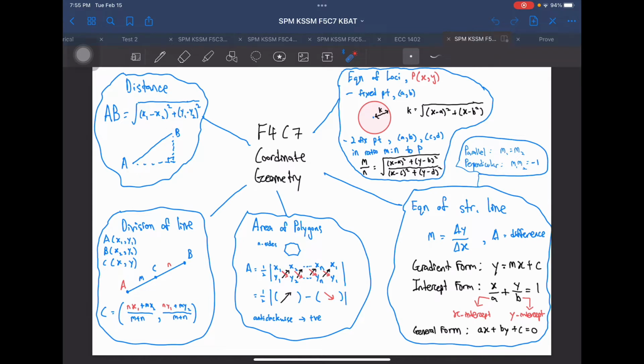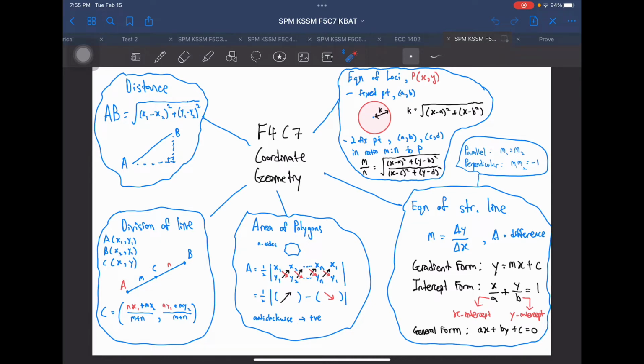If you're given 2 points A and B and this is a straight line, you can definitely draw a perpendicular triangle here, and this distance is delta y and this distance is delta x. Delta y means difference in y and delta x means difference in x.